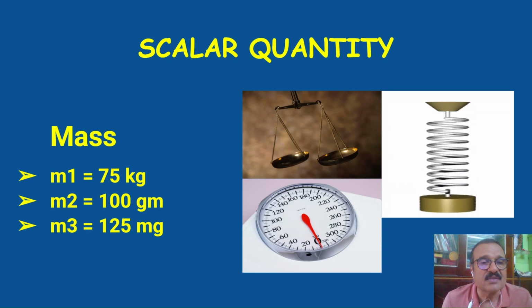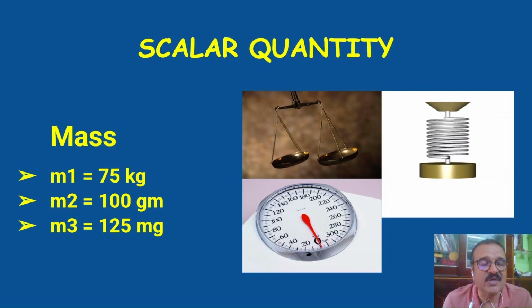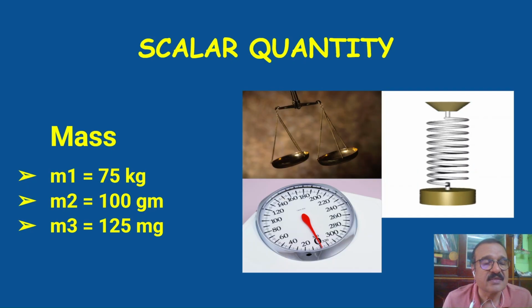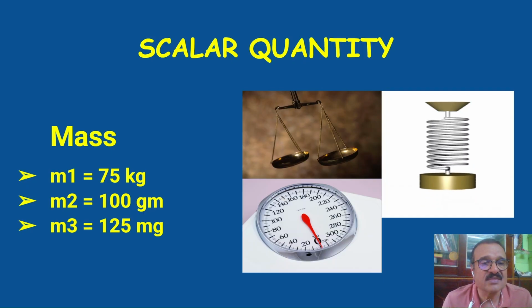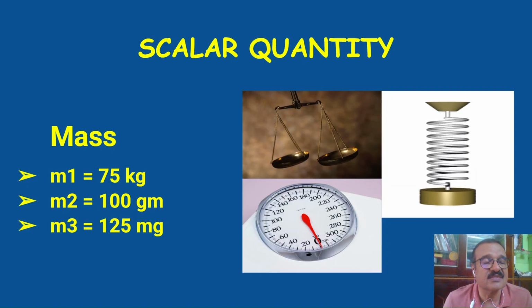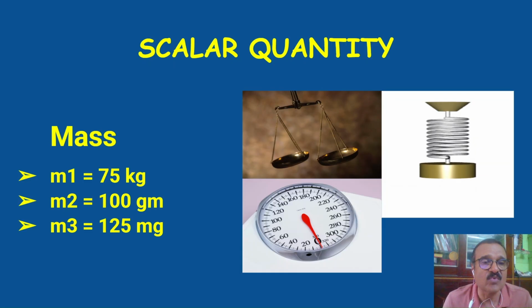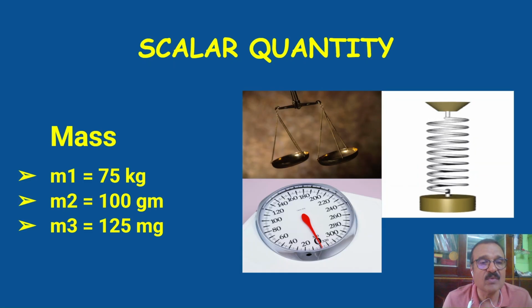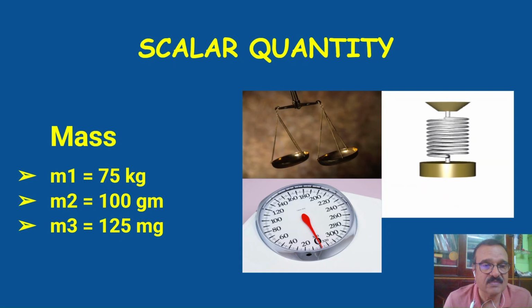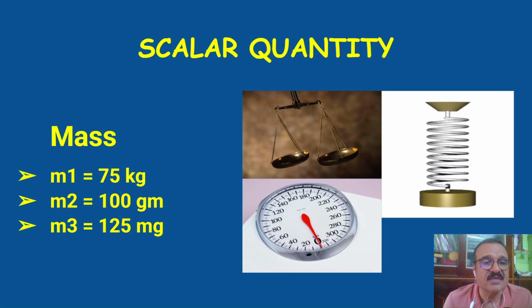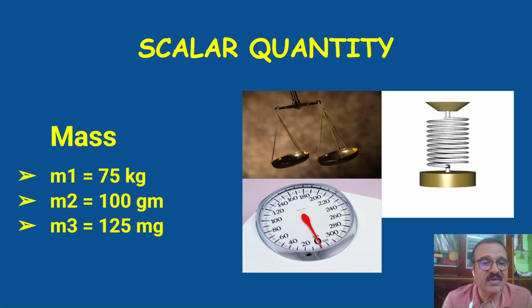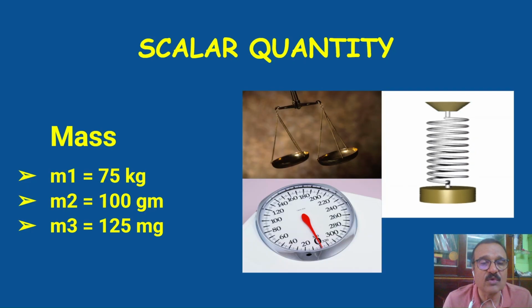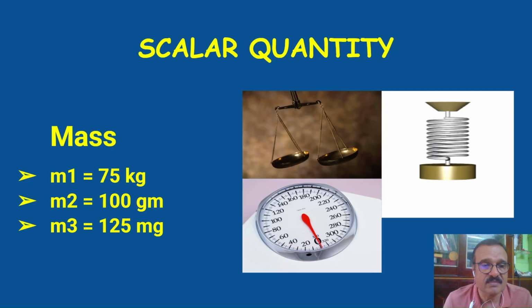We have considered here three examples as see my mass is 75 kg. That is I have denoted as m1 equal to 75 kg. Here 75 is the magnitude and kg, that is kilogram, is the unit.